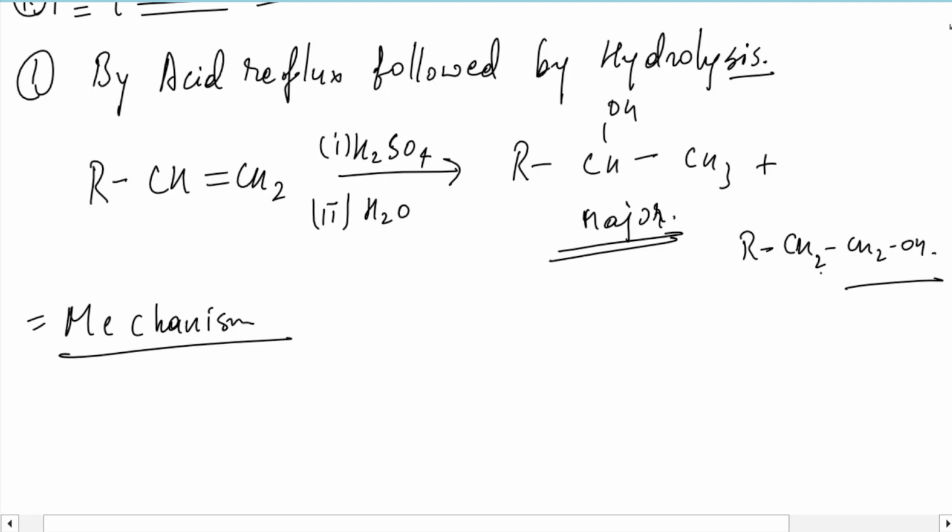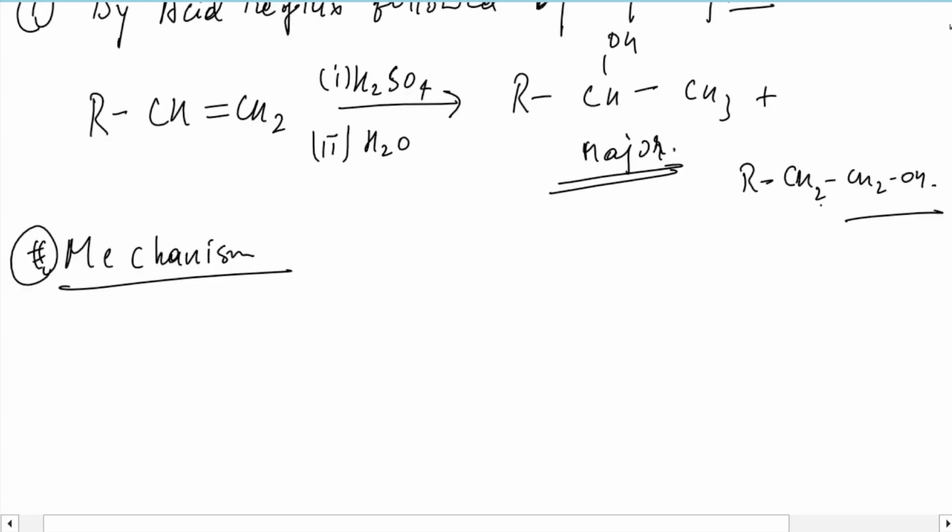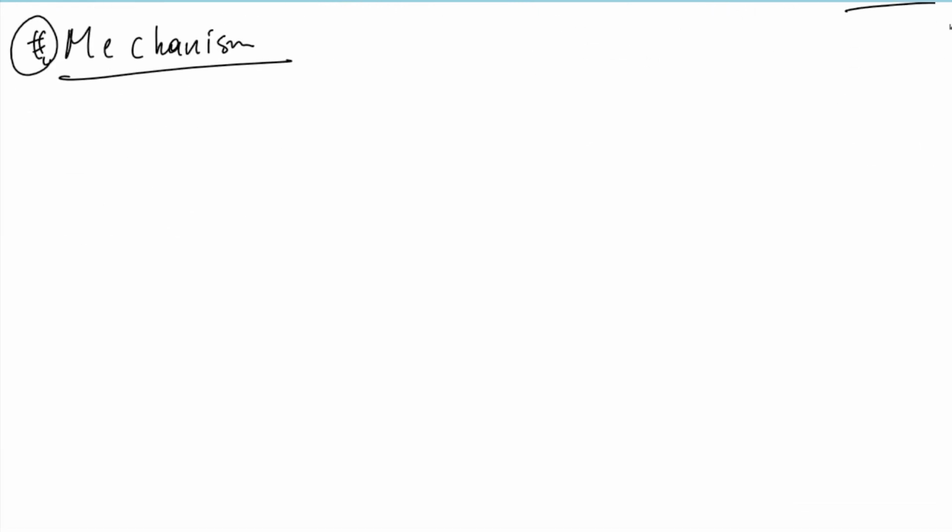So let's have a look at the hypothetical pathway by which the reaction proceeds. We are explaining the reaction. So step one here is protonation of the alkene, attack of H positive, attack of an electrophile you can say.